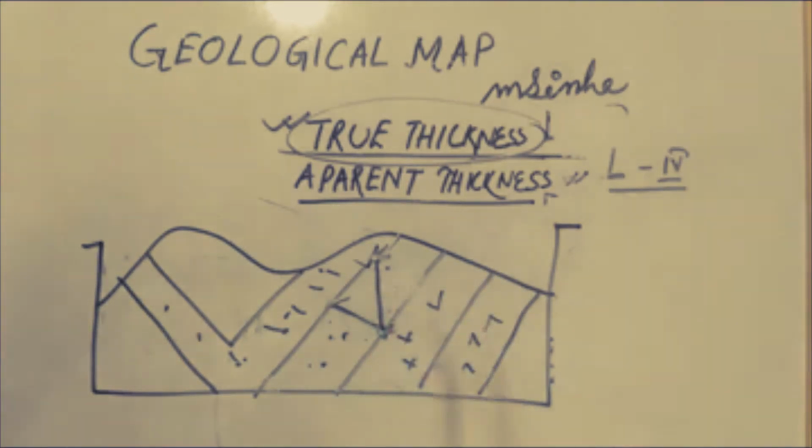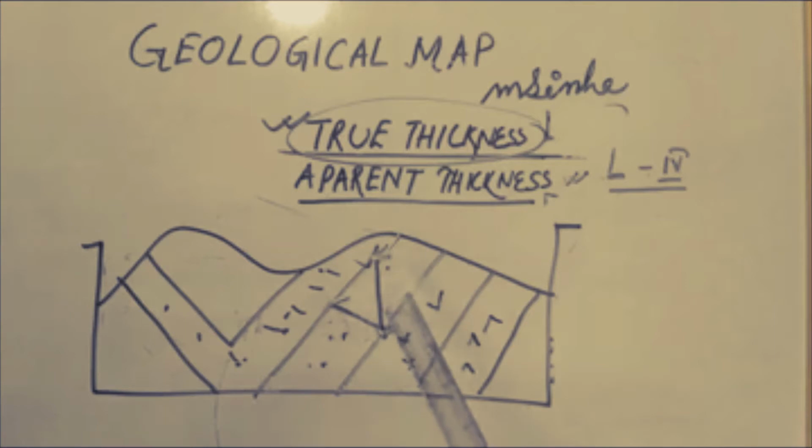Measure this distance with the help of the scale and convert it using the map scale, and you can easily get the apparent thickness. So be clear: true thickness is the minimum distance between the upper boundary and lower boundary of a particular bedding plane.